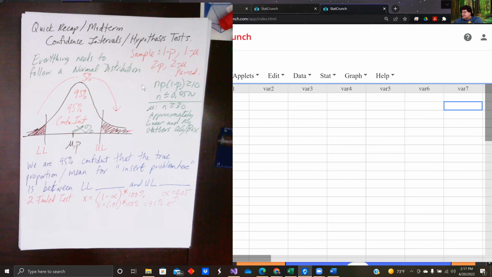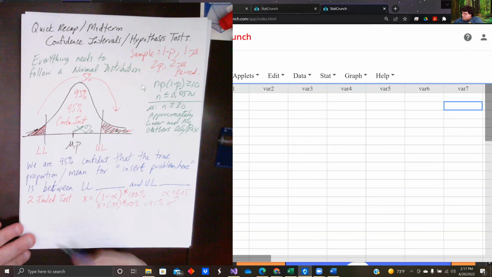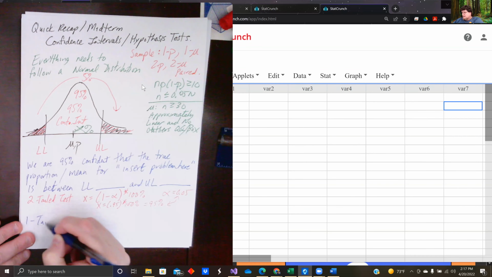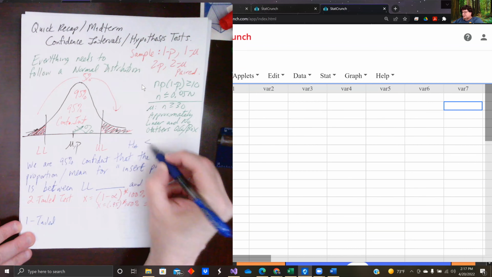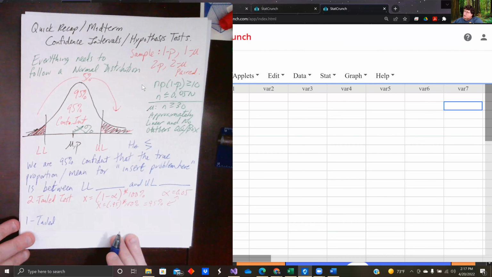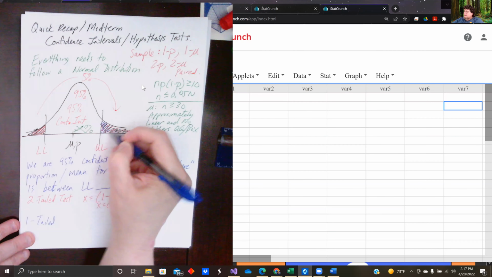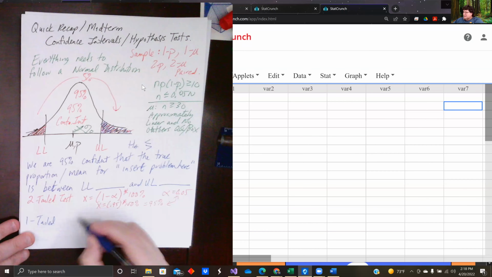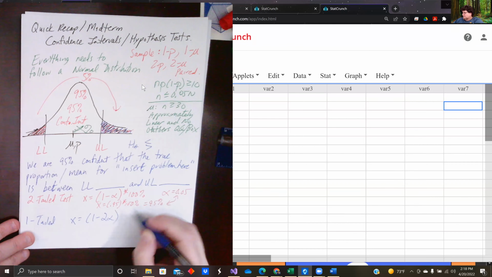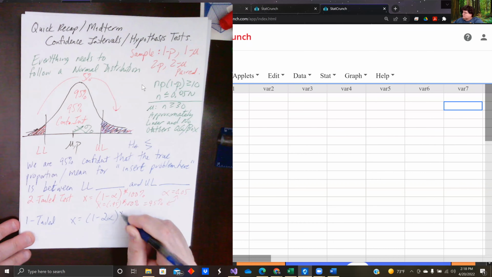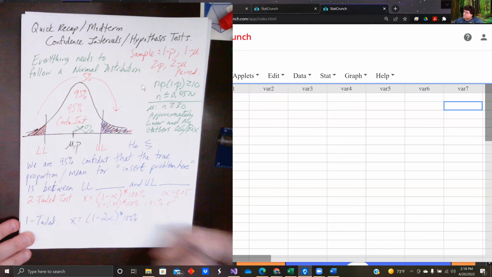When we had a one-tailed test, it's similar. That was when HA is either less than or greater than. We would only have one side that we're looking at, and that made X equal to 1 minus 2 alpha times 100%.